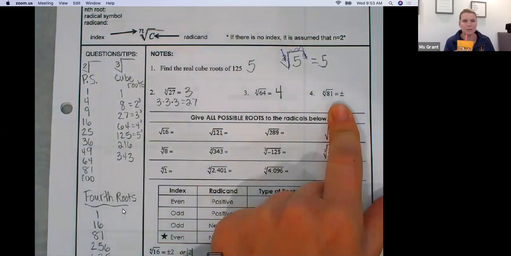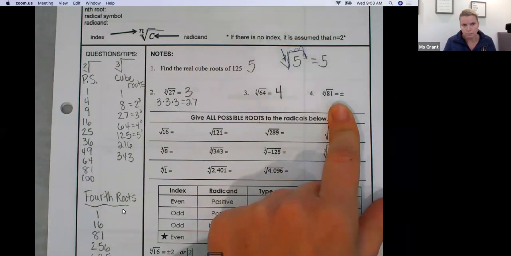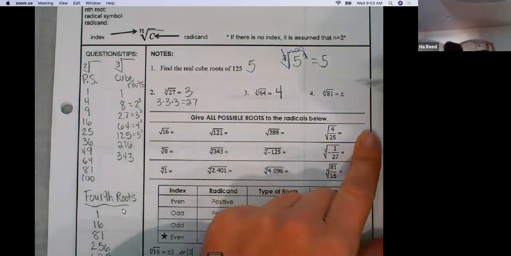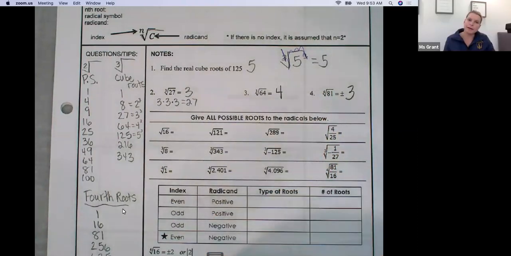What times what times what times what makes a positive 81? Three. So positive 3 times positive 3 times positive 3 times positive 3. Also, negative 3 times negative 3 times negative 3 times negative 3. So that's why I put plus or minus 3.